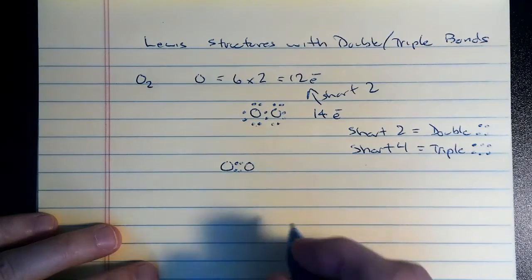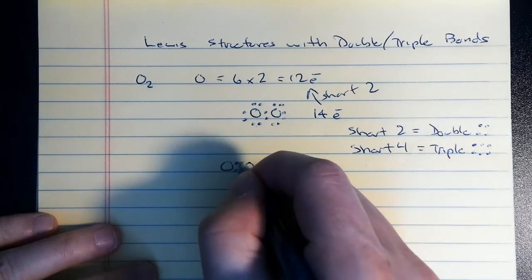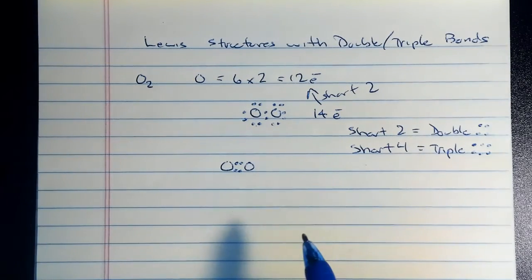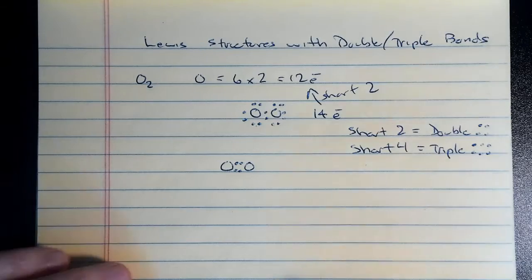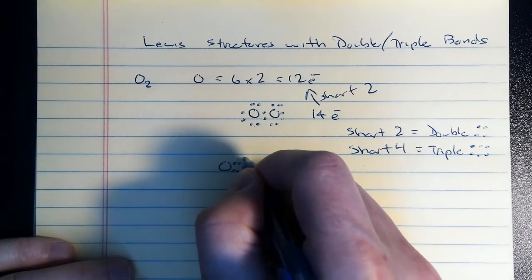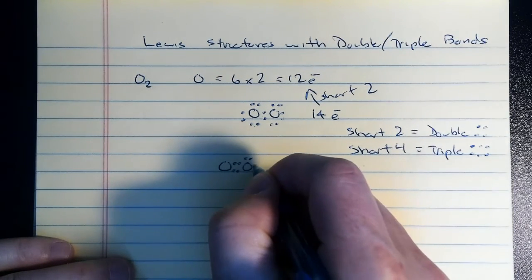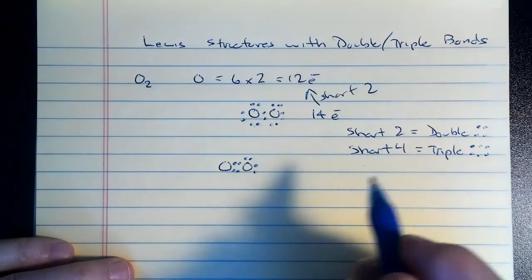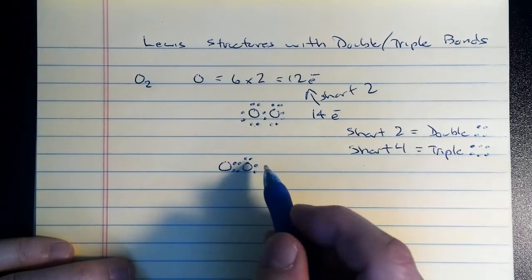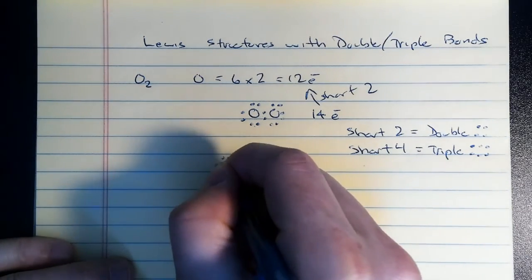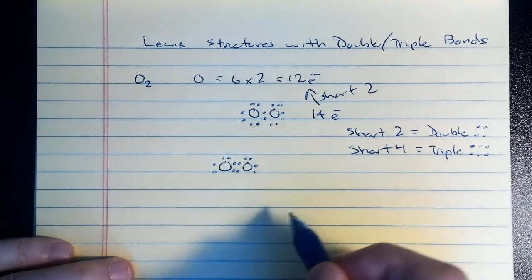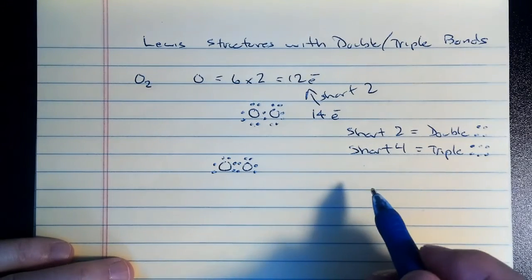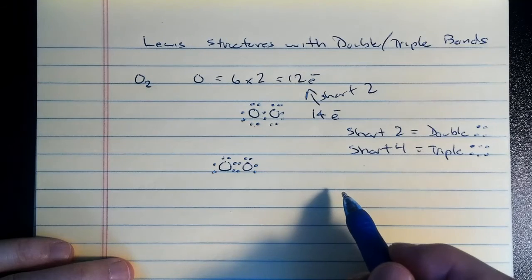Now what that means is both these oxygen atoms have 4 electrons. They're sharing. Sharing is caring. And then we want to make sure they have 8 electrons. That's 2, 4, 6, 8. And do this. 2, 4, 6, 8, and that will work.